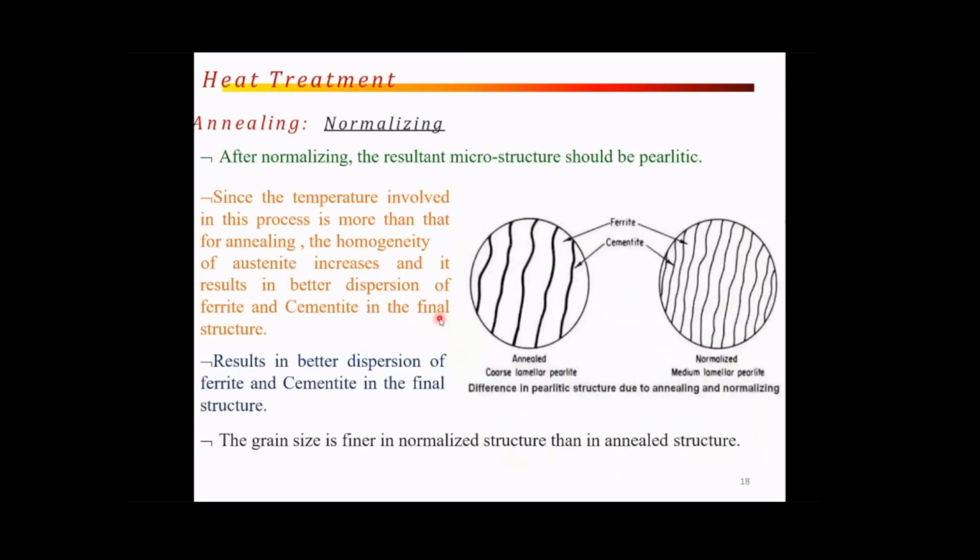After normalizing, the resultant microstructure should be pearlite. In the upcoming iron carbon equilibrium diagram webinar, we are going to see what is pearlite, what is ferrite, what is austenite, what is cementite. Since the temperature involved in this process is more than that for annealing, the homogeneity of austenite increases and it results in better dispersion of ferrite and cementite in the final structure.